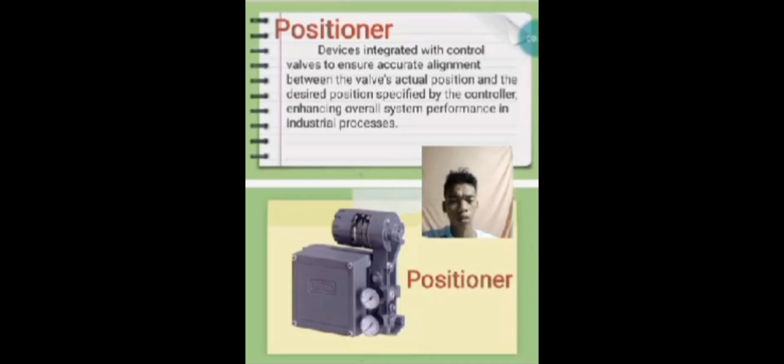Let's take a closer look at positioner operation. Input is provided by a pneumatic control signal to a bellows. As input is increased, the bellows will expand and act on a beam. The beam pivots and moves a flapper in relation to a nozzle.